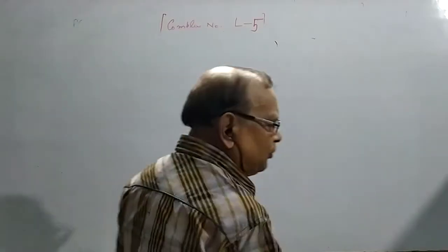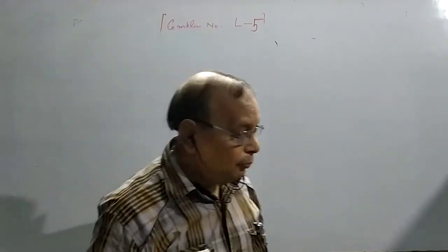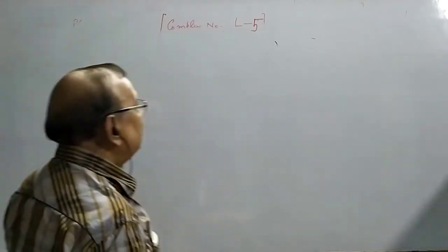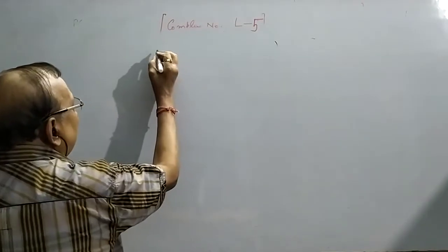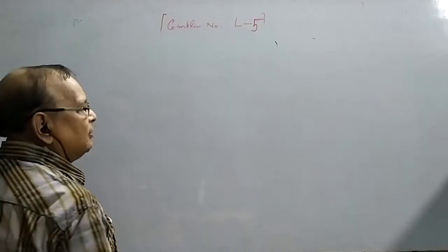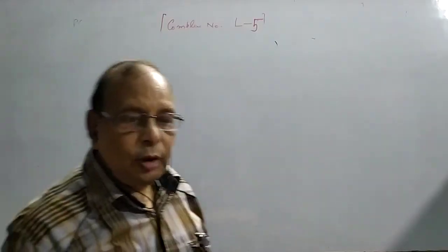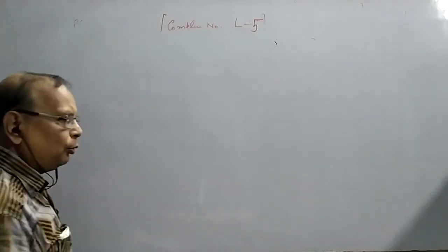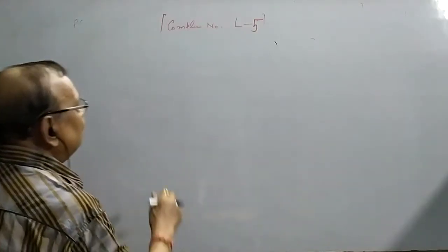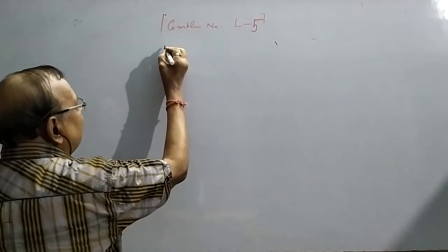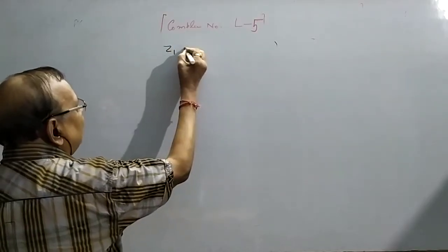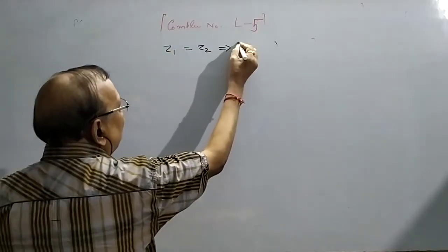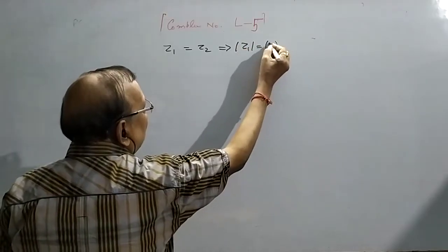There are so many problems based on this. I have proved one problem in earlier stage by using conjugate. Now today I shall prove by using modulus. If two complex numbers are equal, say z1 is equal to z2, obviously mod of z1 is equal to mod of z2.